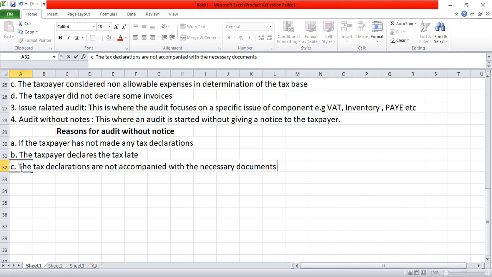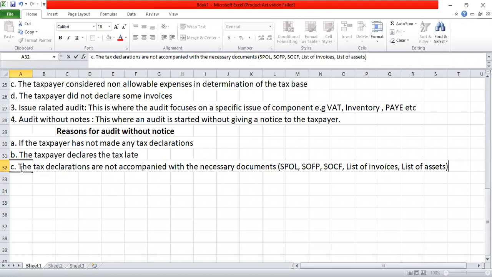For example, when you make a declaration, you must attach the statement of profit and loss, statement of financial position, statement of cash flow, list of invoices, list of assets, etc. Those are some of the documents that should accompany your declaration.